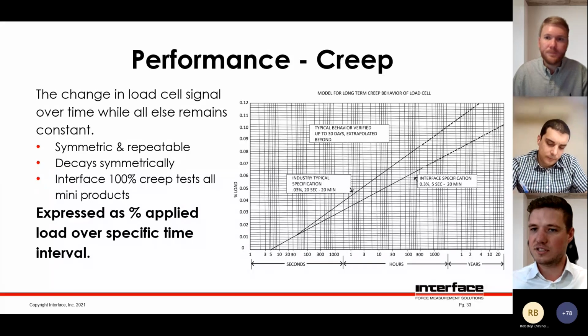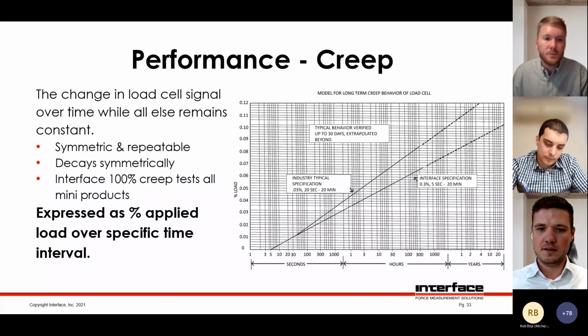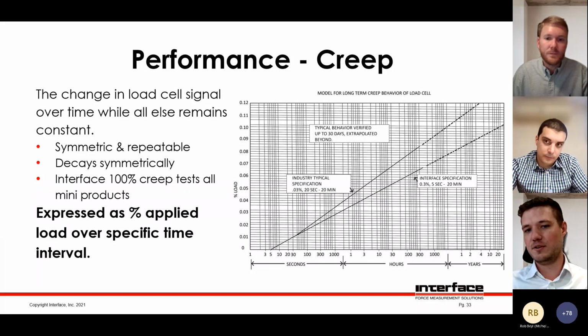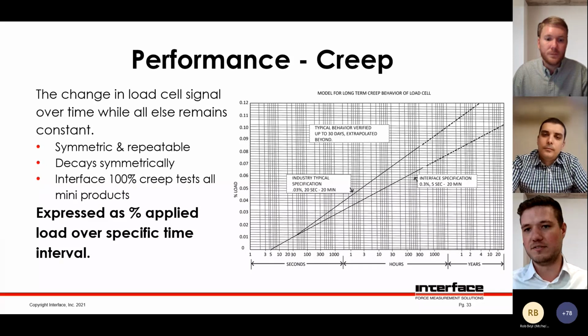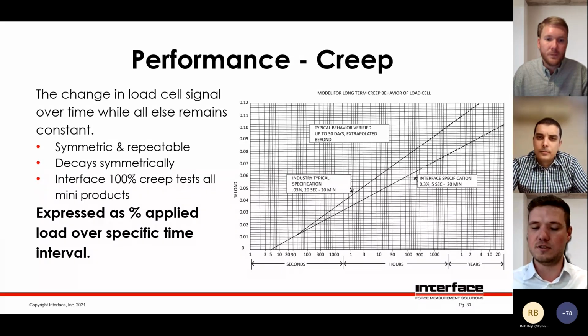You can see on this semi-log graph we've got here, the change in creep in the first 10 seconds is the same as the change in the next 10 hours, is the same in the next 10 years. So the effect flat lines over time like that. It's also symmetric and repeatable.